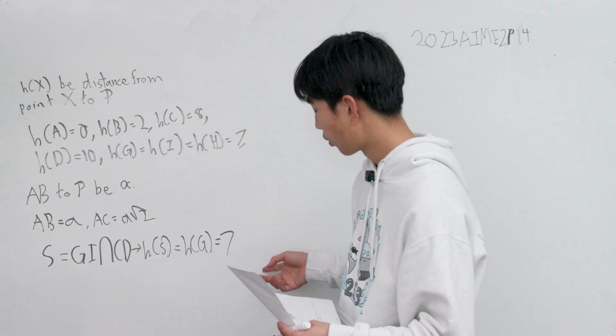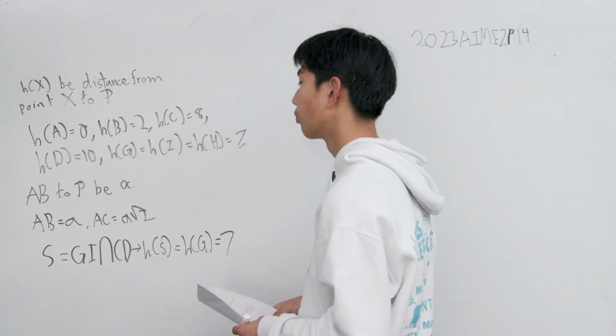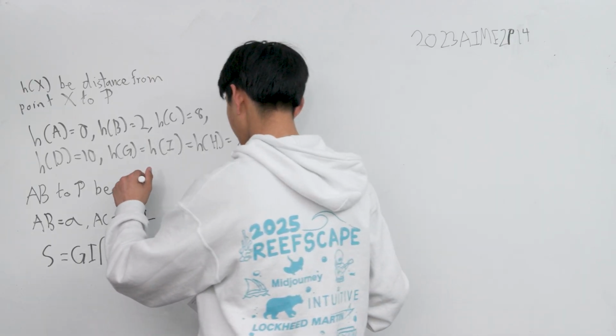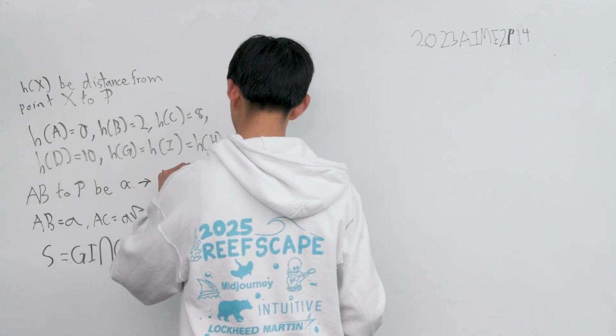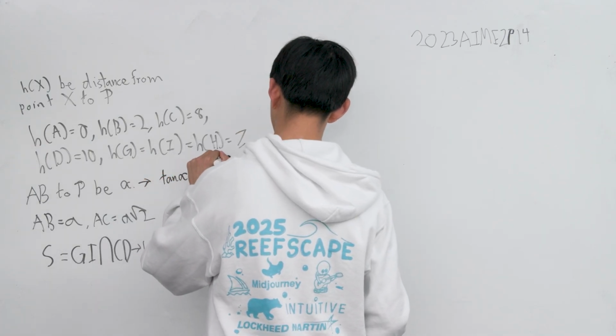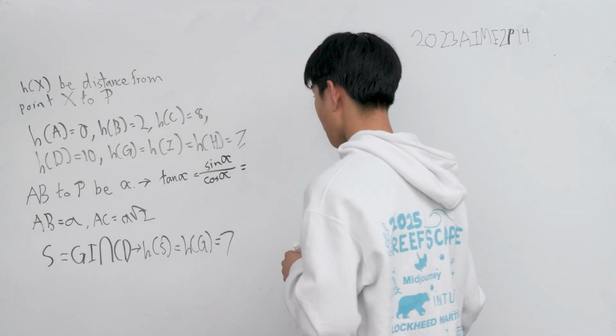Now, that's going to be very important for later. But for now, we want to work with this. From this, tangent of alpha is sine of alpha over cosine of alpha by definition.